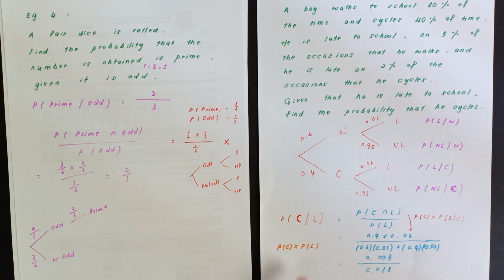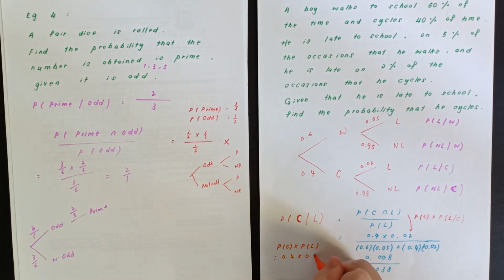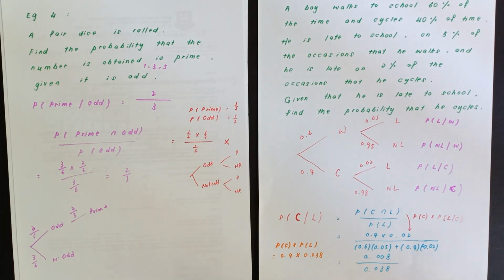You are not doing this because if you are doing this, then it's supposed to be 0.4 times 0.038, because this is the probability that he is late. So if you want to find the probability that he cycled and he is late, then what you will do? You will do 0.4 times 0.02. You are not going to use 0.4 times 0.038, right?